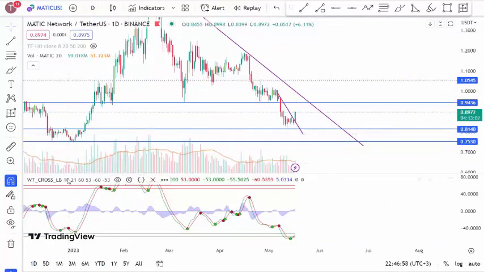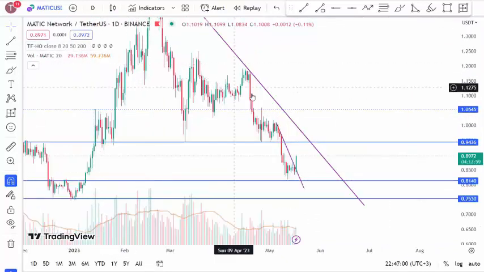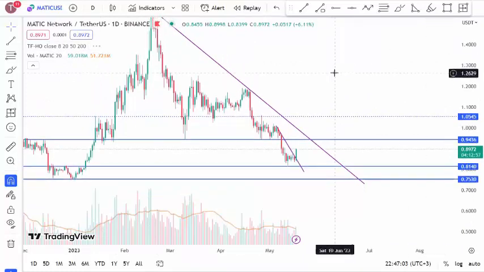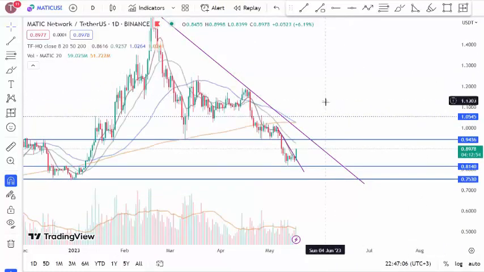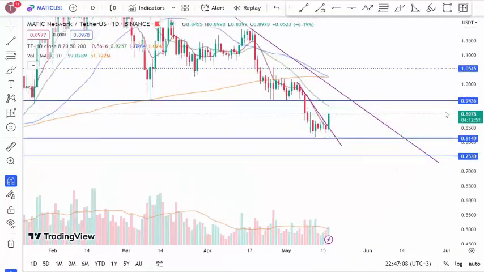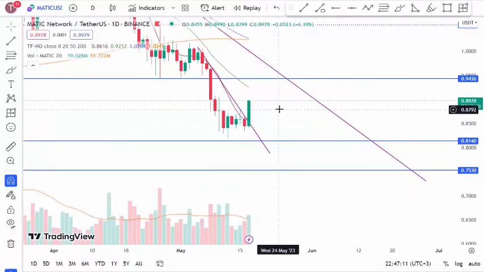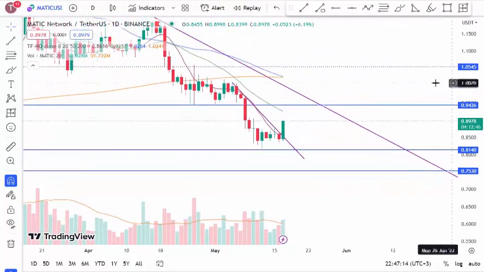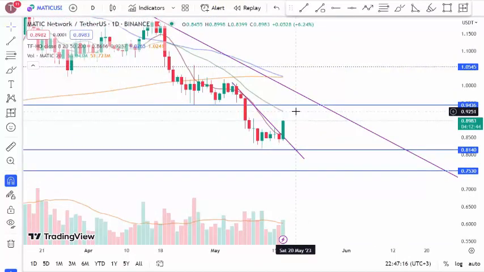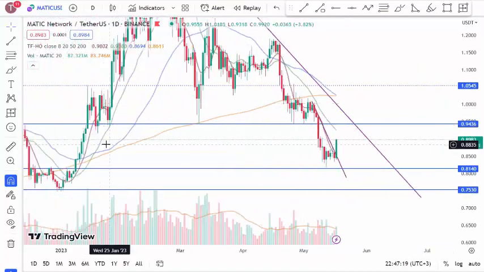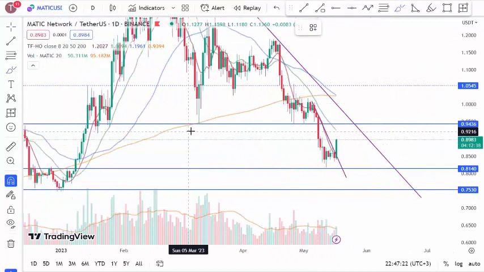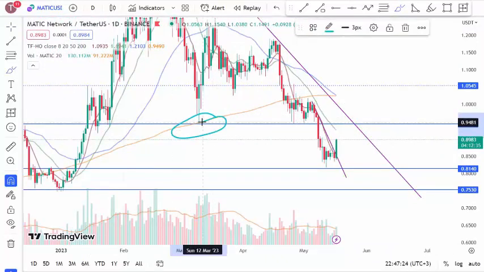Moving averages are important. We can see that the 8-day moving average has broken above, which is a positive point, the second important one. Breaking above the 20 level is also important, and the most important point is breaking above the 200 level. As we can see, it has acted as a great support and resistance level. Therefore, breaking above the 200-day moving average is crucial for us.